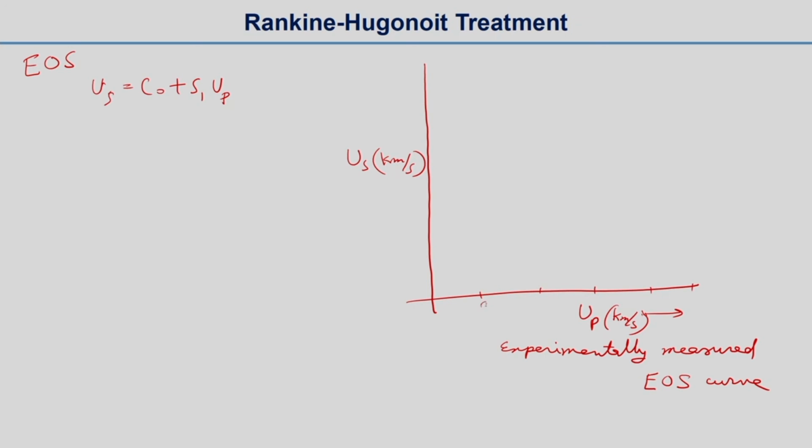So, this is 0.4, 0.8, 1.2, 1.6, 2.0, and here if we have 2, 4, 6, 8, 10.